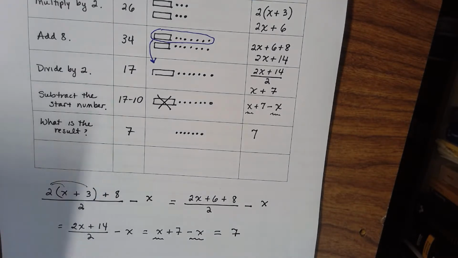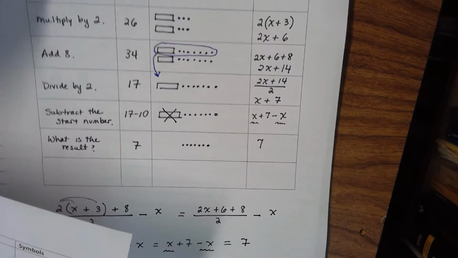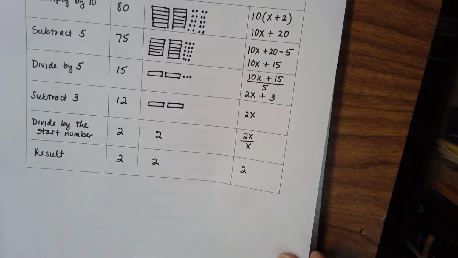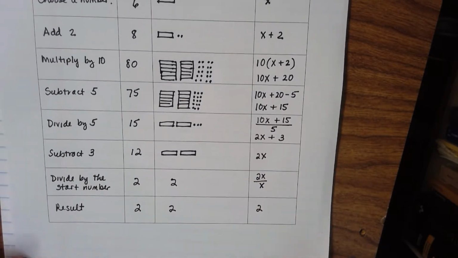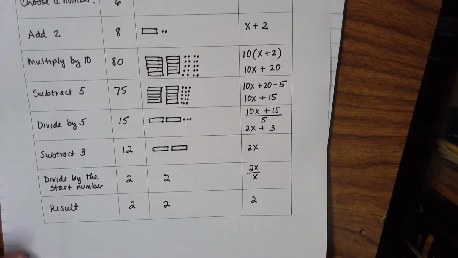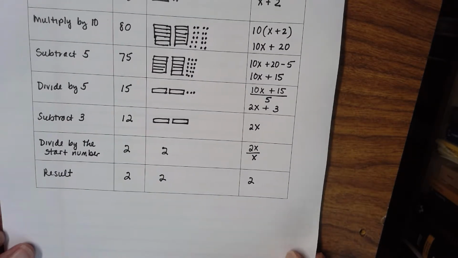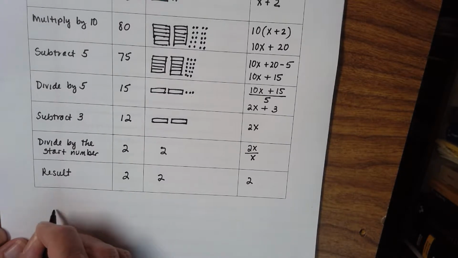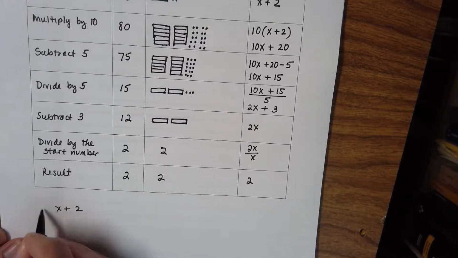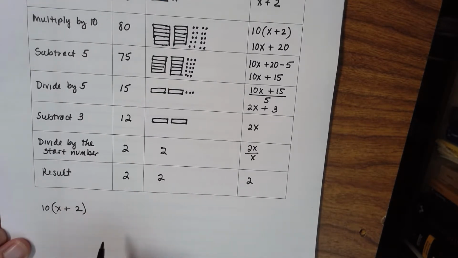Let's do a similar thing to number trick number 2. So here we started with a number, we added 2, we multiplied by 10. So let's put all that together. Okay, then we're going to subtract 5. So that goes there.